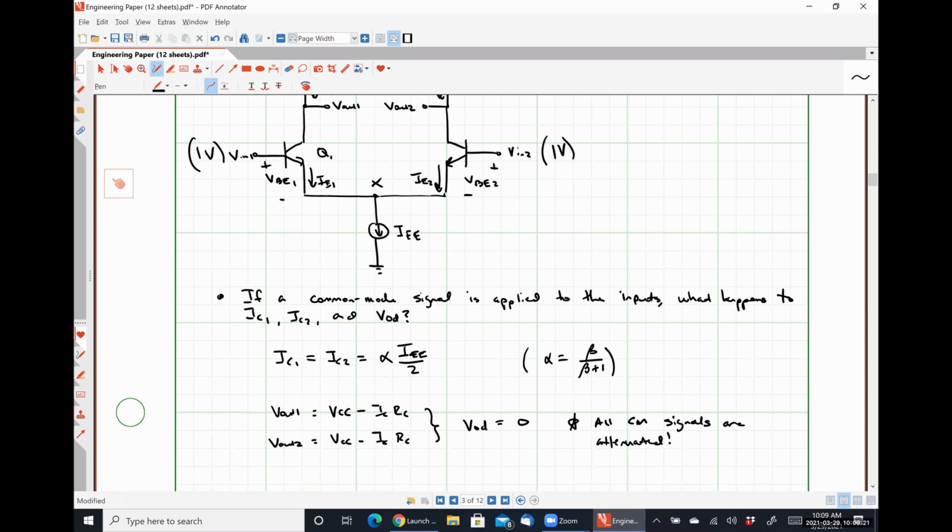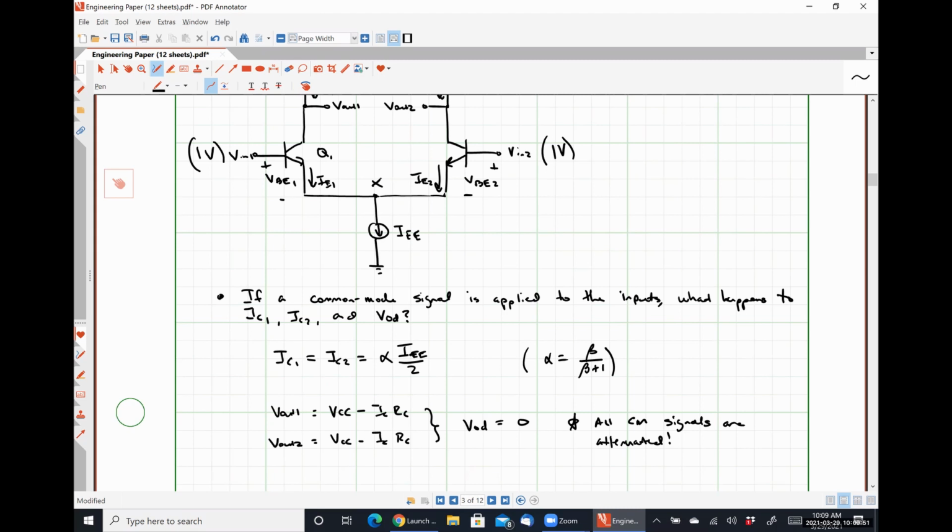If we apply a larger common mode signal with respect to ground, but we're still forcing the exact same current to flow through both of the resistors, then the potential at that node X must change to make VBE be a constant value as the input signals go up and down with respect to ground, okay?